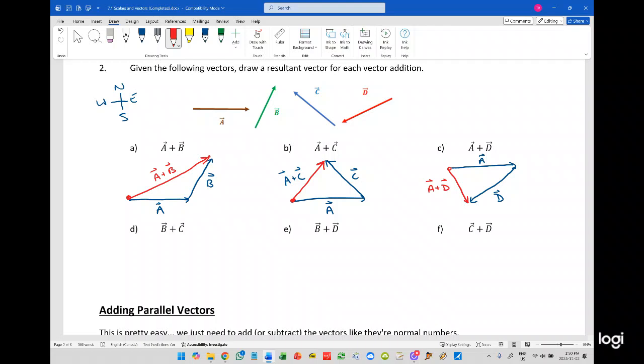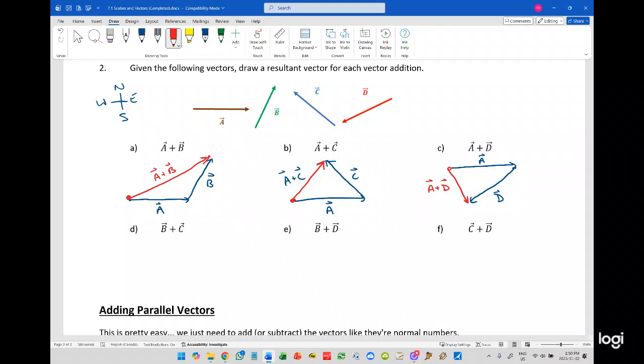If you draw these slightly wrong lengths, A plus D could end up going southwest instead of southeast, depending on whether maybe I made my A a little too short or my D a little too long. But either way, it's just a pictorial diagram to tell us what's going on.